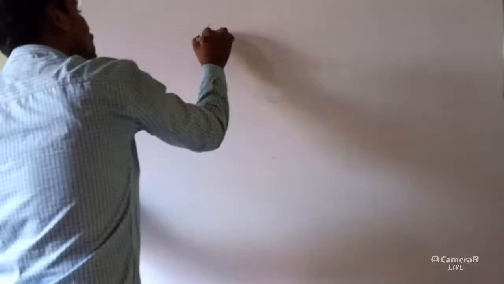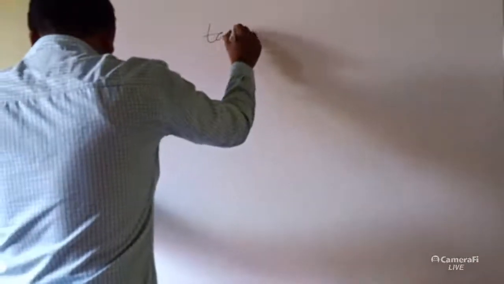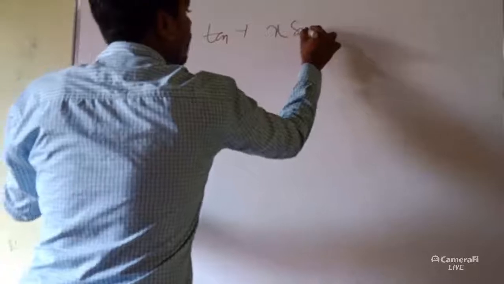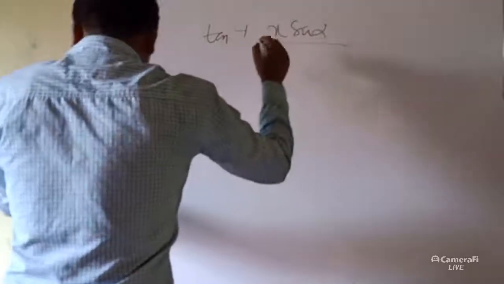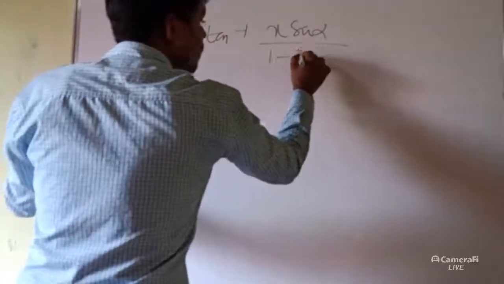Now tan inverse of x sin alpha by 1 minus x cos alpha.